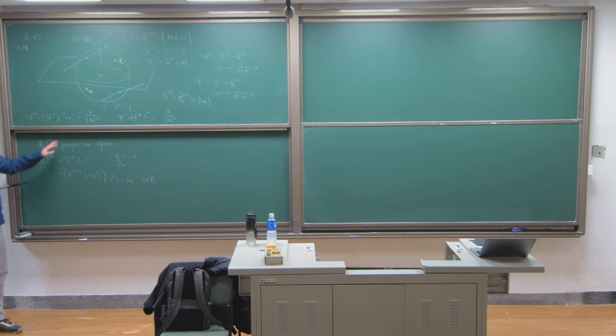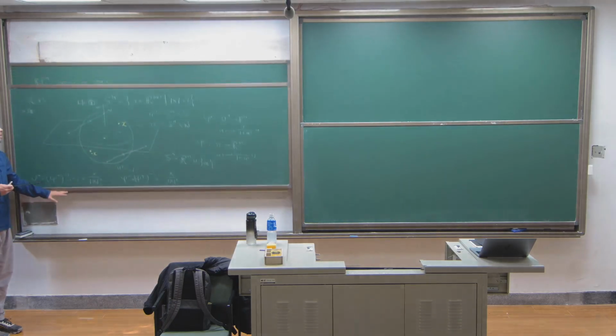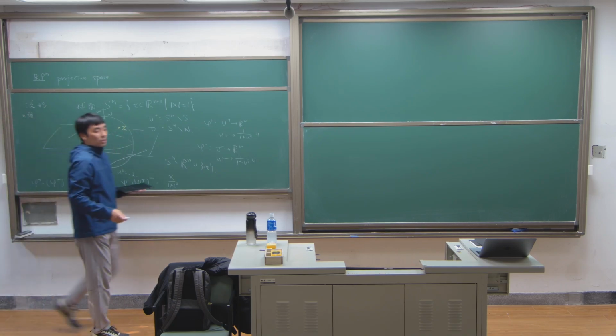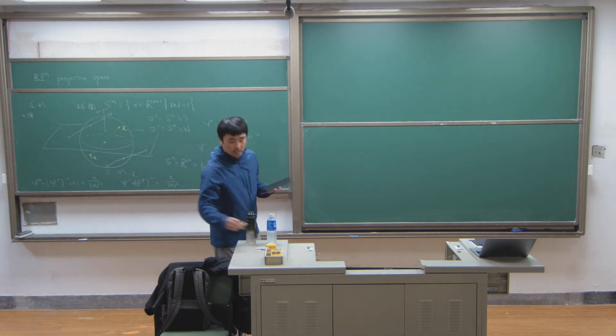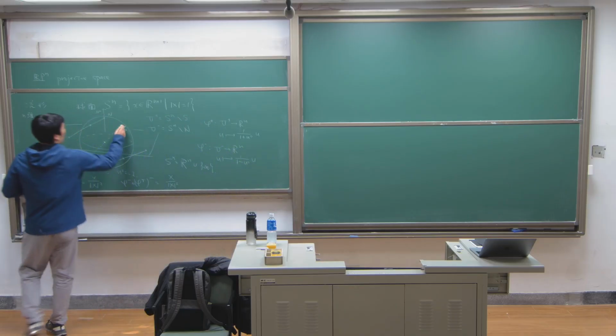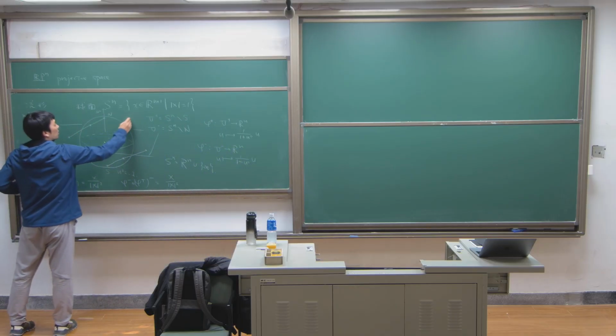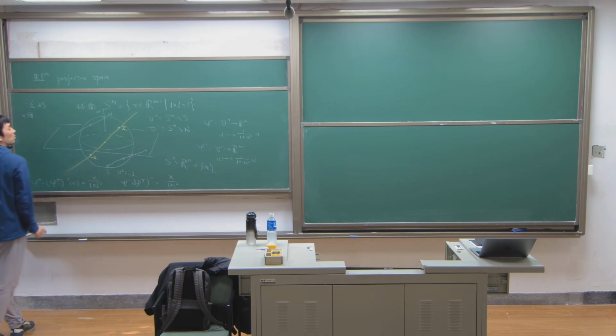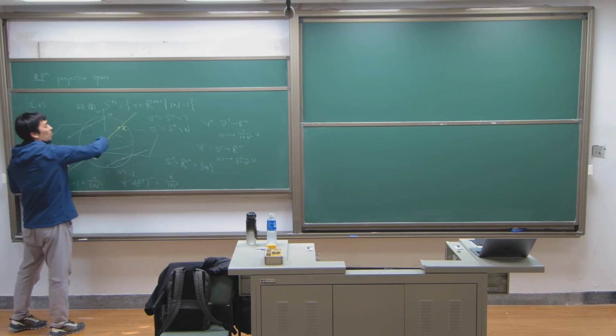So this means that you just consider R n plus 1 and get rid of the origin. And then you just consider the line along this X, and you just scale whatever.